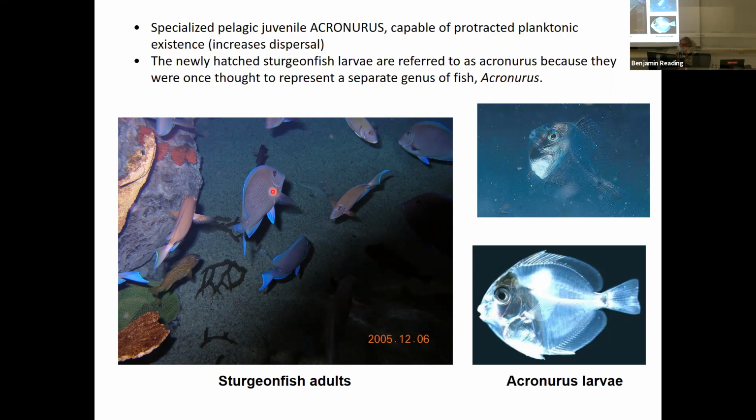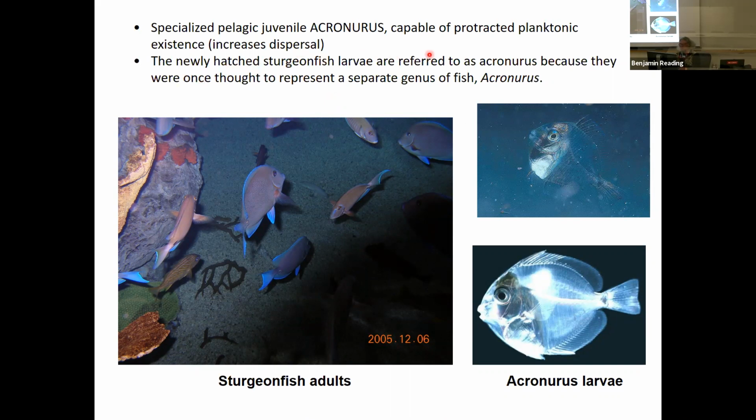So if the adults are breeding with external fertilization and the gametes are swept away, when they hatch, this extended acronurus larval stage allows ocean currents to fully distribute these things, so that it enhances dispersal or colonization, if you will.